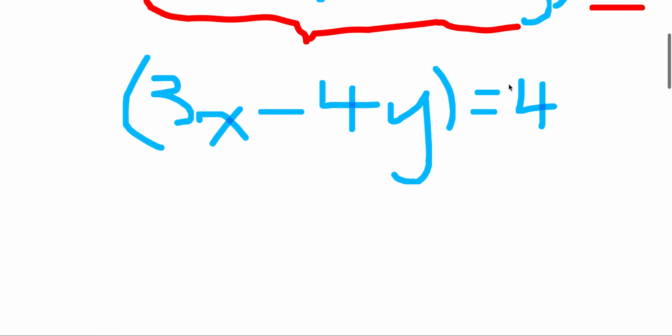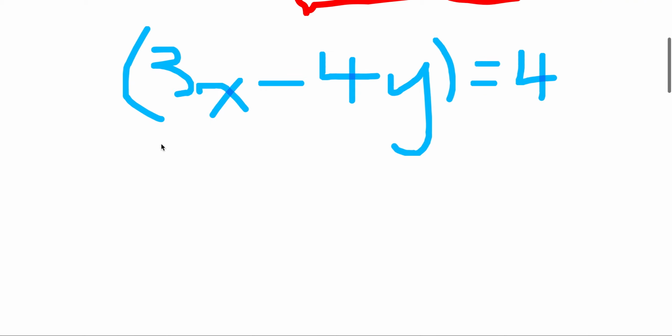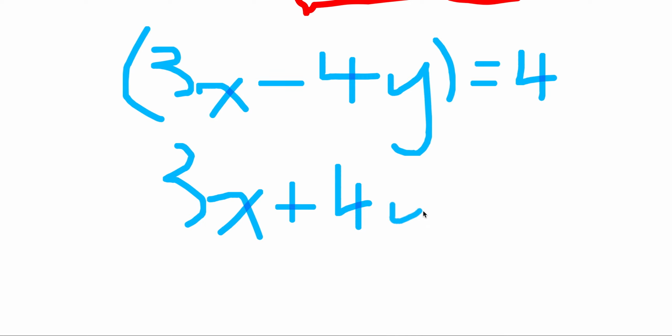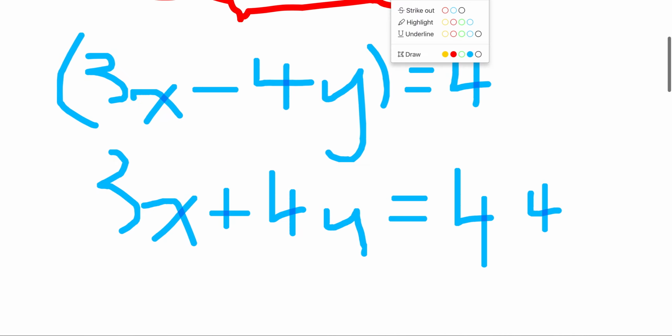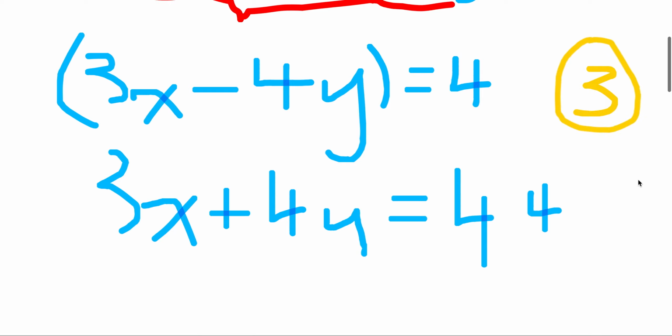Now there are a couple of ways to continue, and I'll do one of them. There are more. I am now going to name these equations: this is going to be equation 3, and this is going to be equation 4.